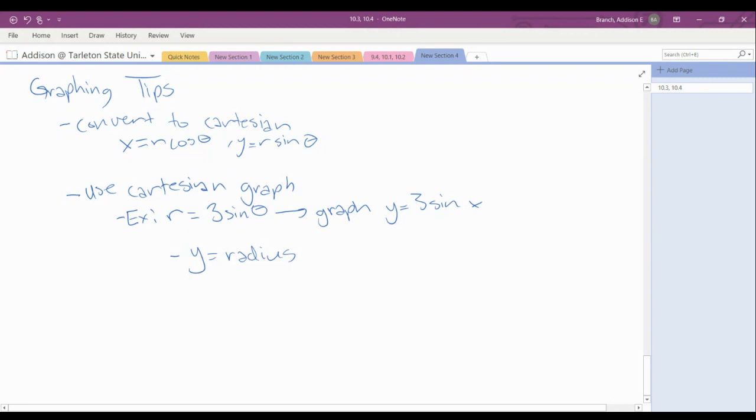That helps you find some good key points, like, okay, this will be an easy number to work with. You can also see when your radius is positive or negative, and when it's increasing and decreasing. So that's another good tip for you to use.